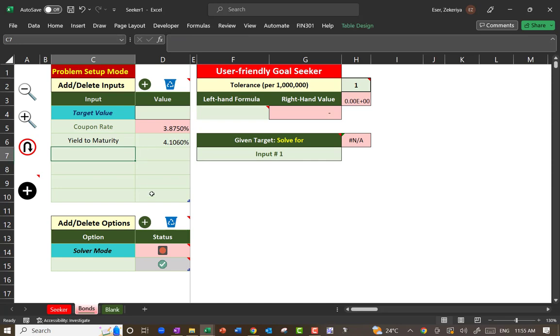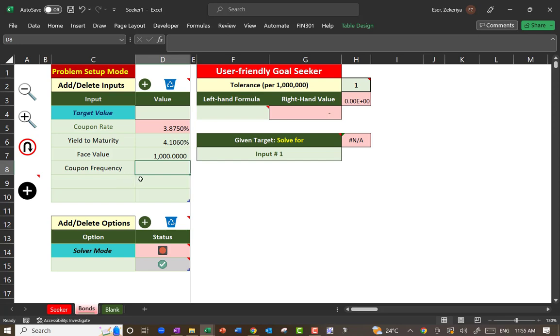In percent form, face value, coupon frequency.